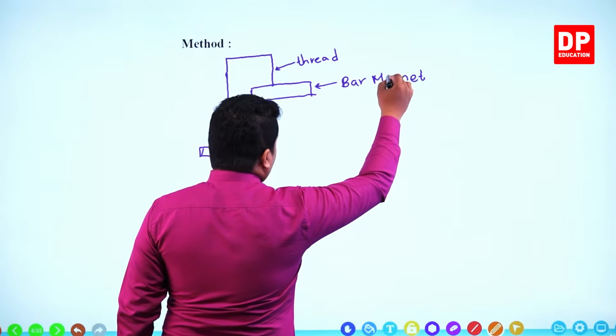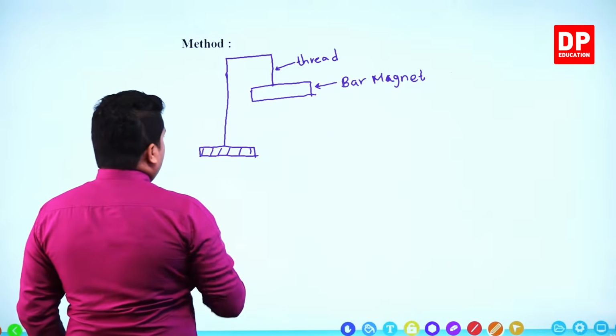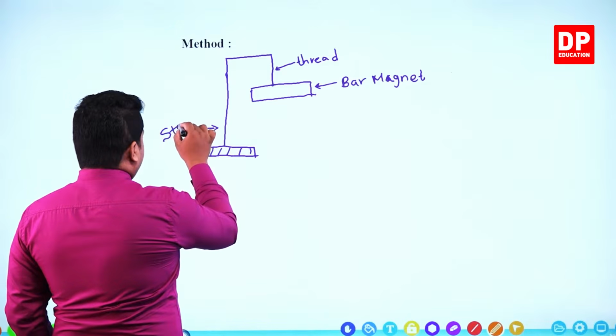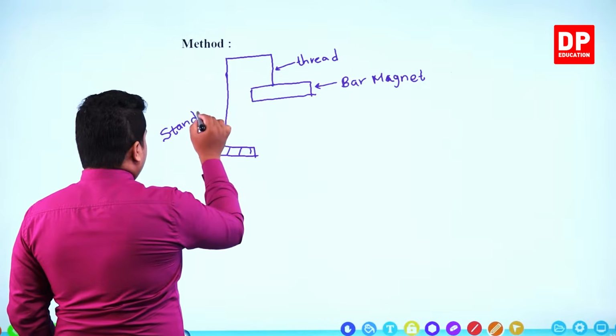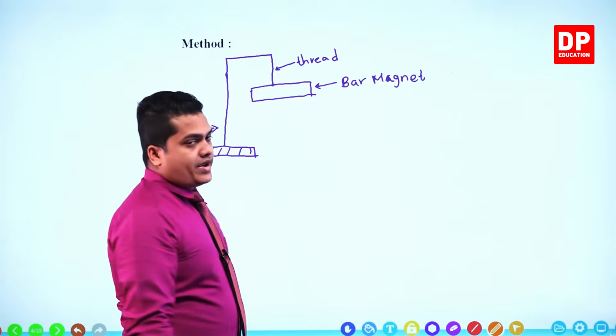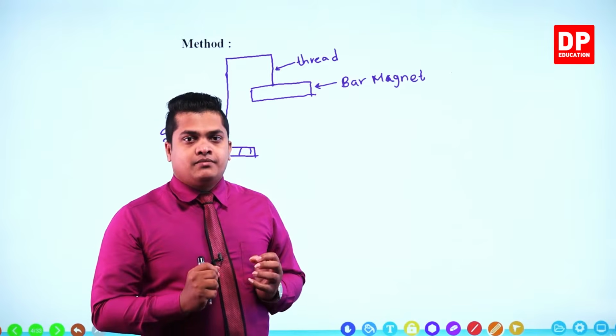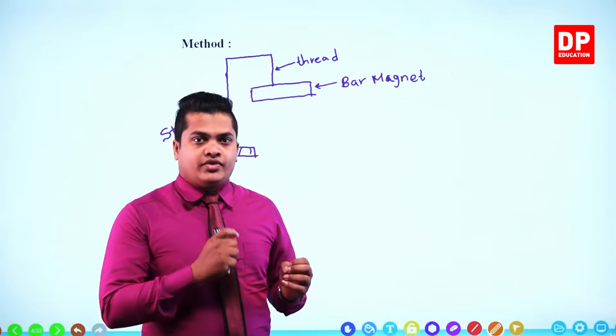The bar magnet. And this one is the stand. This is the stand. Now, first of all, we need to hang the bar magnet by using the thread on the stand.